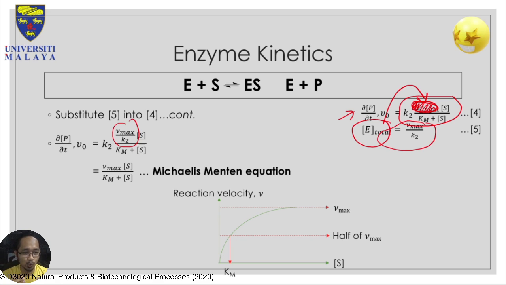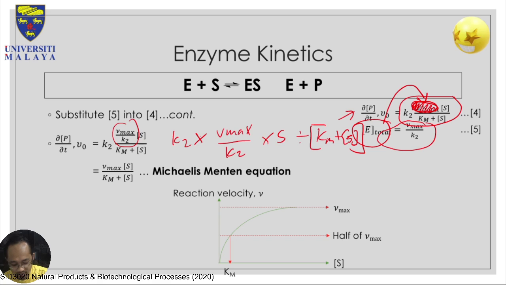So this is the expression: K2 times Vmax over K2 times S divided by Km plus S.